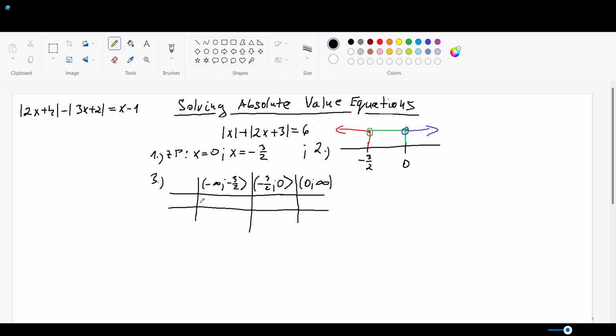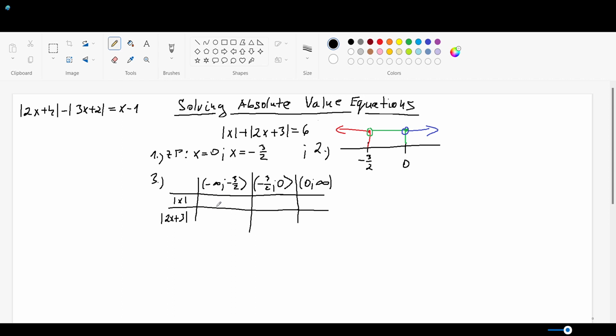So these are my intervals where I'm looking for what the expression absolute value of x is equal to, and for the second, 2x plus 3, it is the same procedure. You take any negative number from this interval, so let's take negative 10.